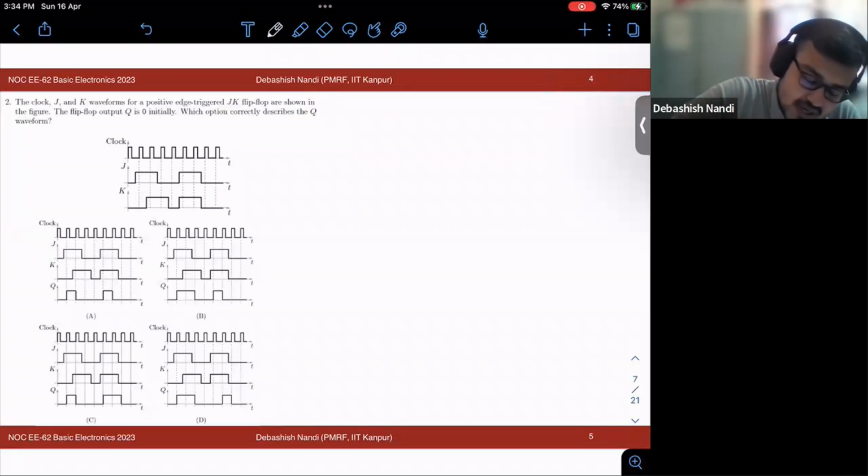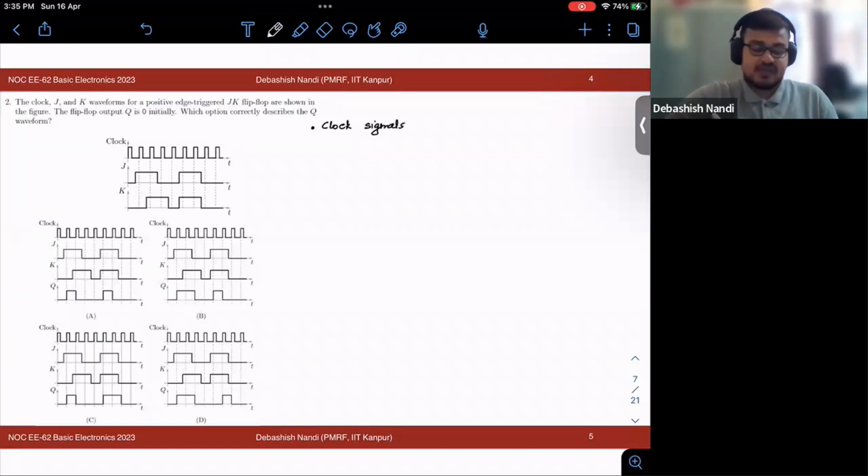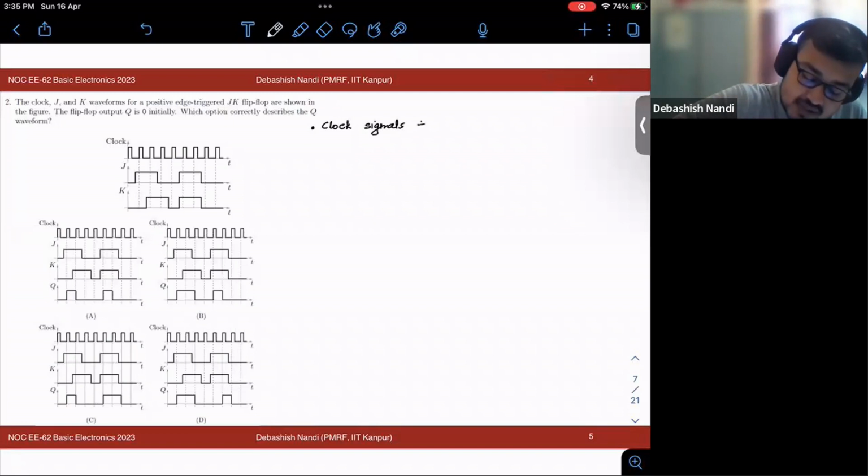The way to do it is we use clock signals. If you have gone through the lectures, you must have seen that clock signal plus your latches will give you flip-flops, right?